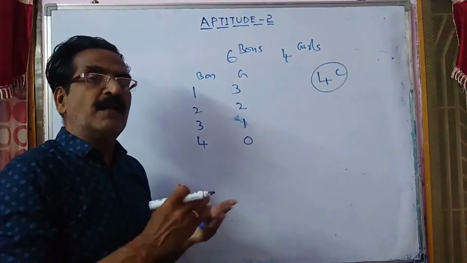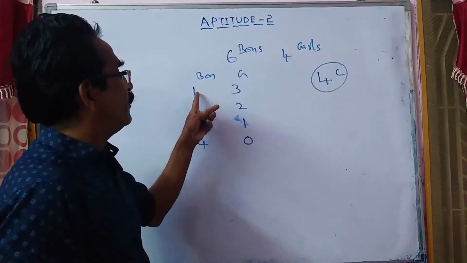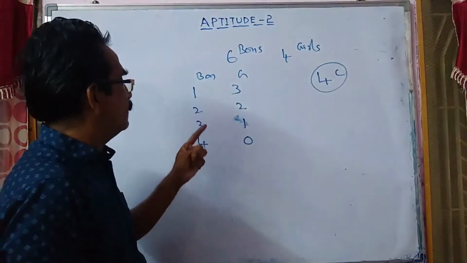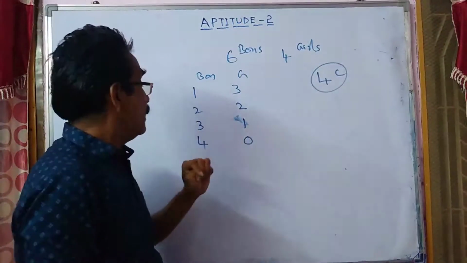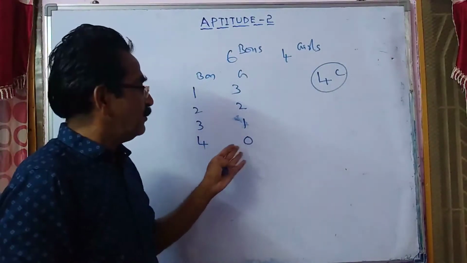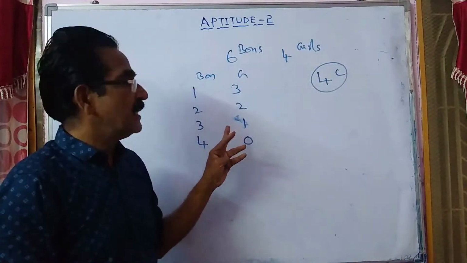At least one means one or more than one. If you take one boy, you have to take three girls. If you take two boys, you have to take two girls. If you take three boys, you have to take one girl. If you take all the four boys, you need not take any girl.